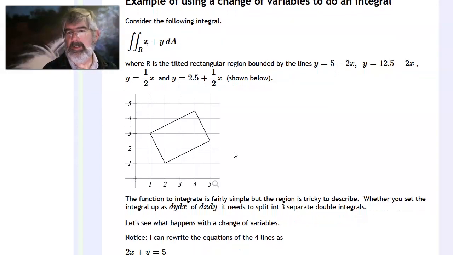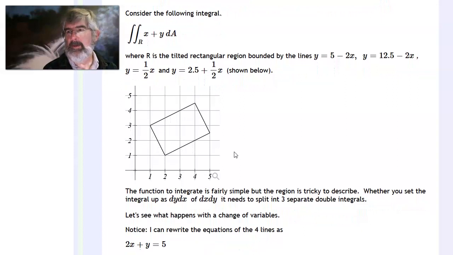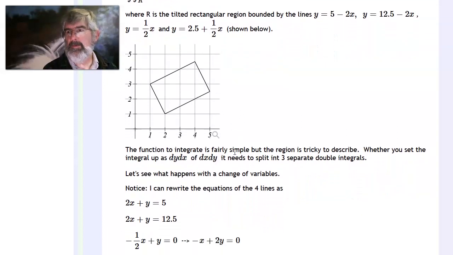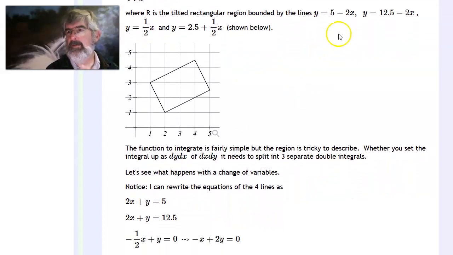Okay. Let's do this. So I'm going to rewrite each of those 4 equations. So y equals 5 minus 2x. I'm just going to bring the 2x over to the other side. So 2x plus y equals 5. Likewise here, bring the 2x over to the other side. 2x plus y equals 12.5. And then here, I'm going to do the same thing and pull the half x over.